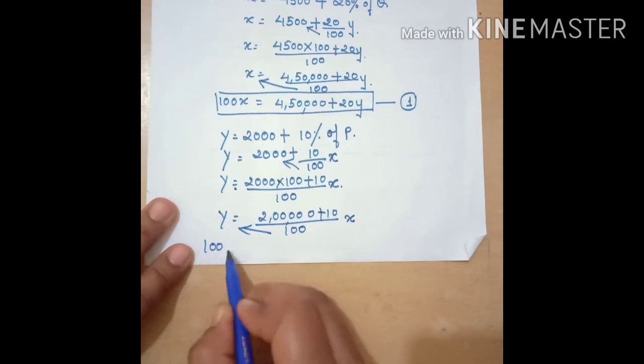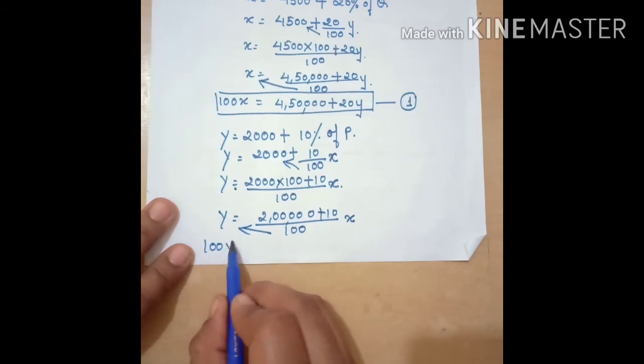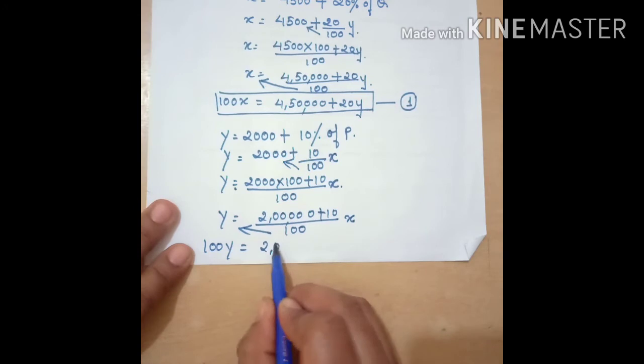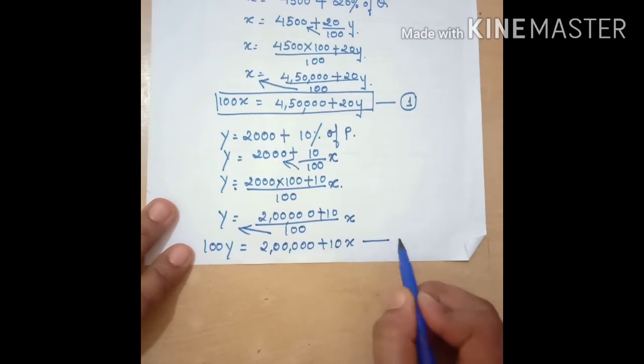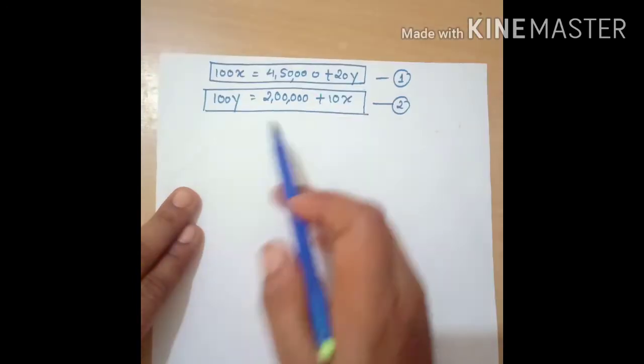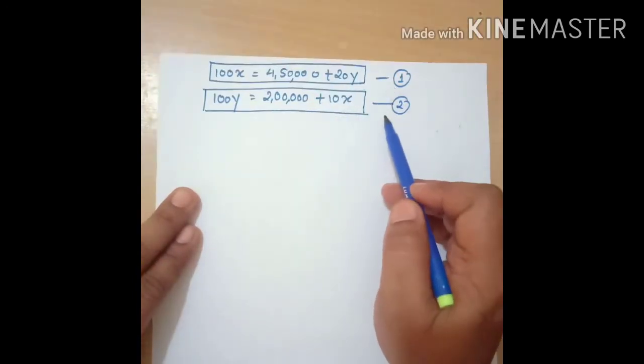So it will come 100Y is equal to 2 lakh plus 10X. This is our equation number 1 and equation number 2.